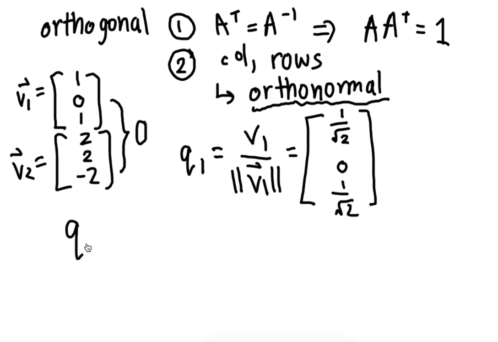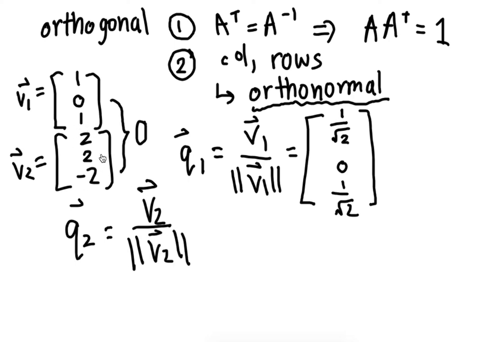Similarly for q2, the normalized vector for v2, we have v2 over the length of v2. As we remember, length is squaring each term, adding them together, and then square rooting the entire thing. So 4 plus 4 plus 4 is 12, giving the square root of 12, which is 2 root 3.